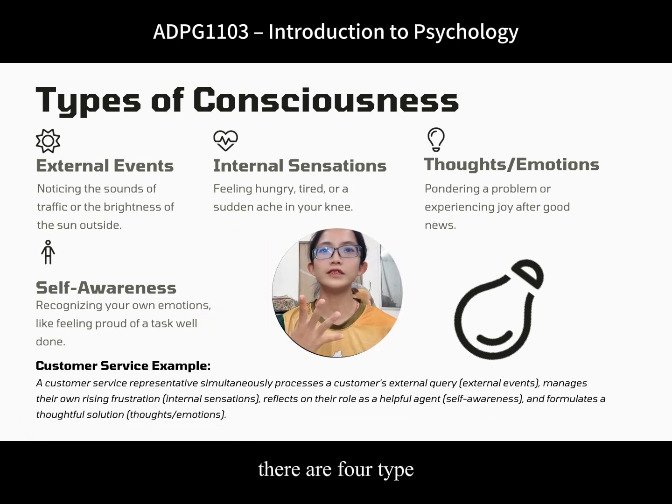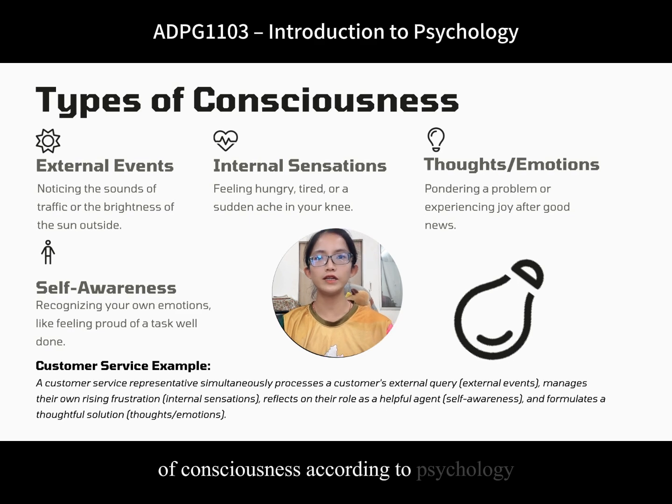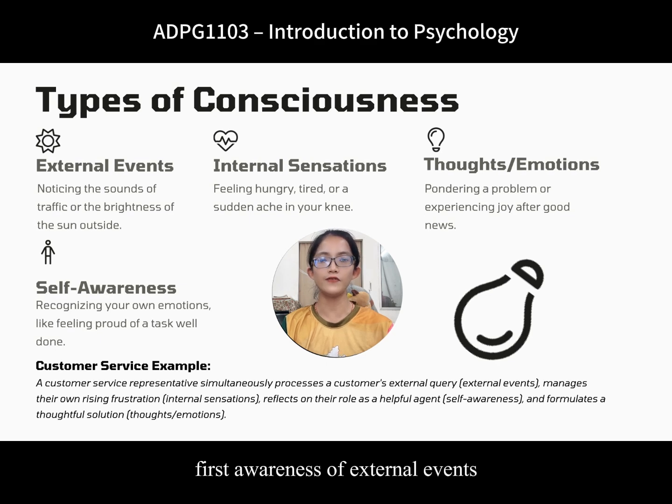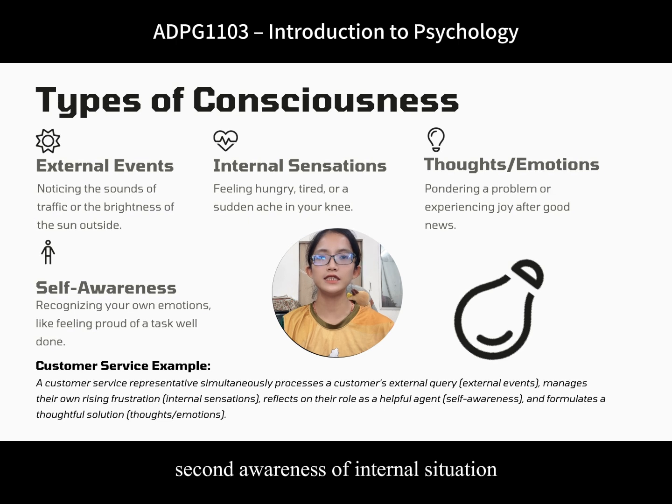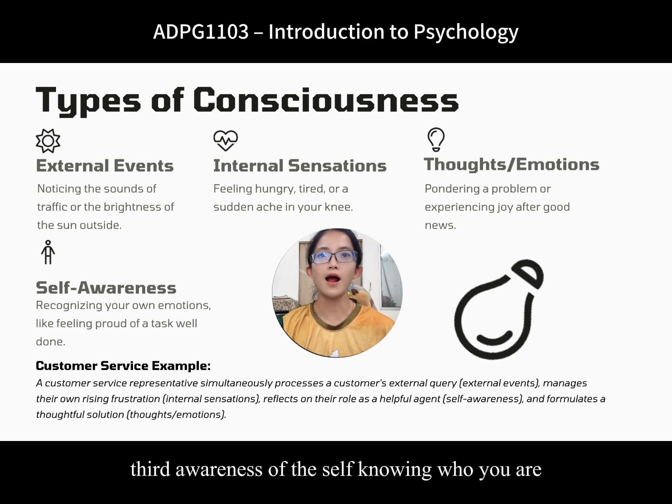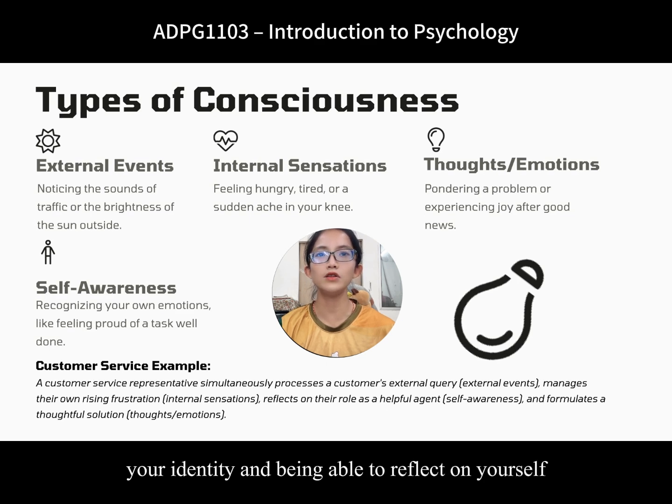There are 4 types of consciousness according to psychology. First, awareness of external events, such as noticing sounds, the sight of people walking nearby. Second, awareness of internal situations, like feeling hungry, having a fast heartbeat, and feeling tired. Third, awareness of the self, knowing who you are, your identity, and being able to reflect on yourself.